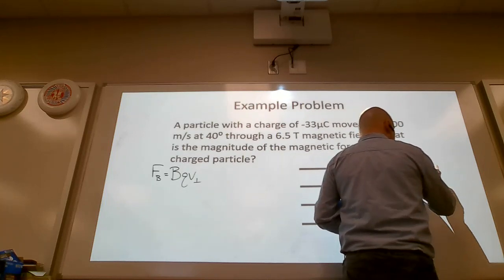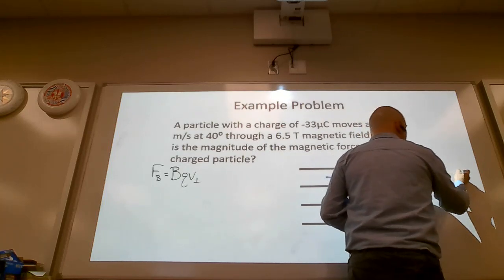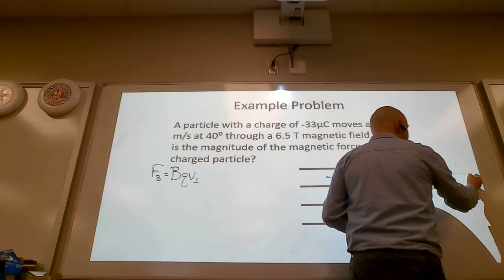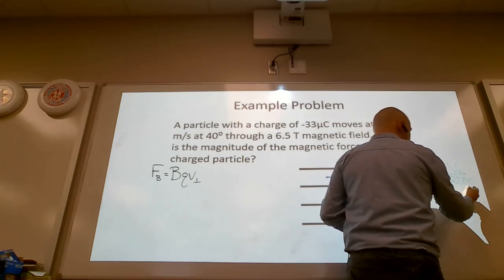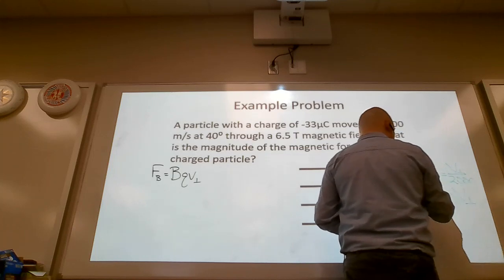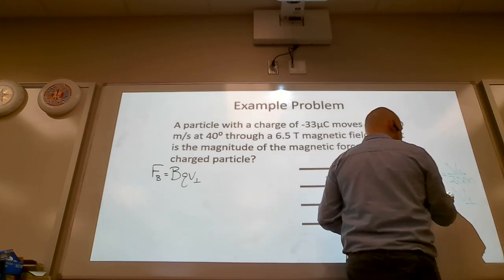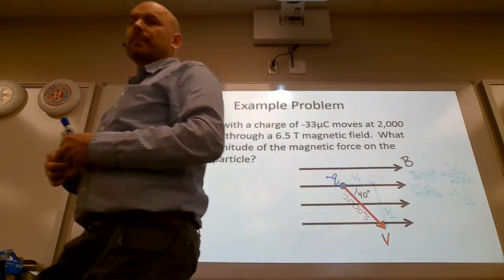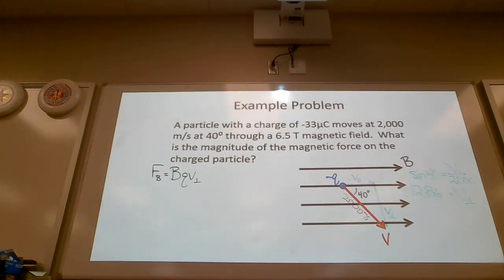So I'm going to use sine of 40 is equal to velocity perpendicular over 2,000. Find that to be 1286. Is that legible? Can you read that color? Yeah, very good.